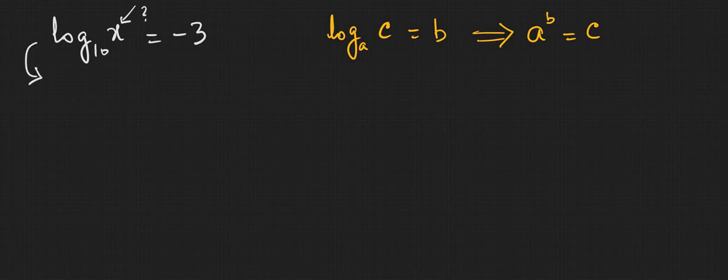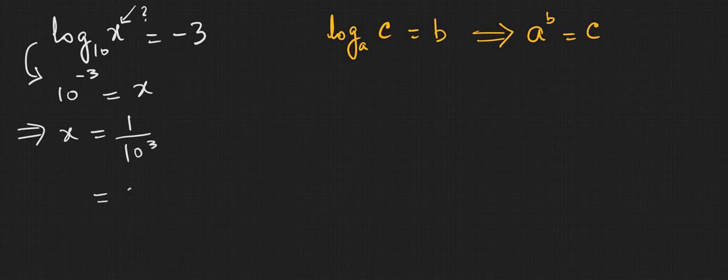So we can write this equation as 10 to the power minus 3 equals x, or x equals 1 over 10 to the power 3, which is equal to 0.001.